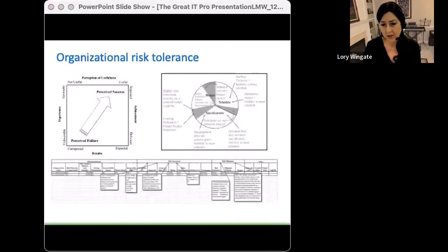How much risk we're willing to take on can be a byproduct of our organizational perspective on risk, your customer's perspective on risk, and your own perspective. If your organization supports experimentation and risk-taking, for example, then more risk can be assumed in the project. For example, you may not need to be as rigorous in the definition of your requirements, because if you have a lot of change that impacts schedule or budget, that's acceptable.